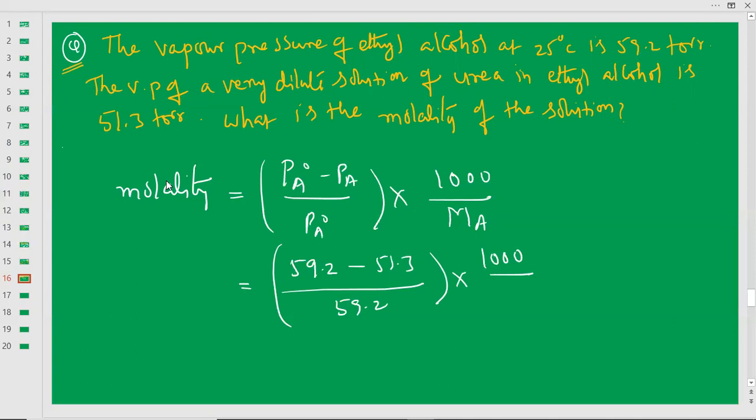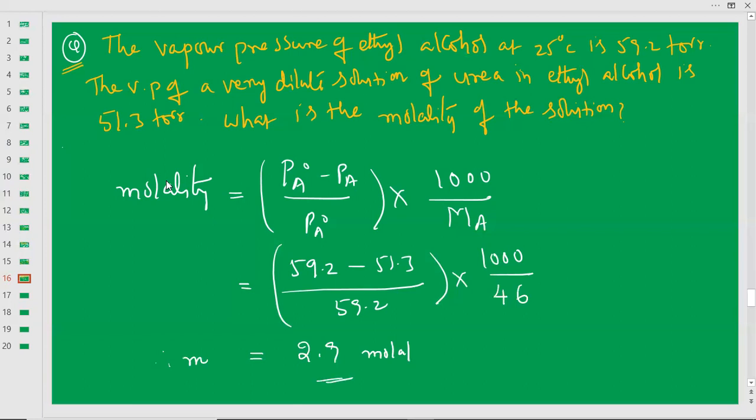Here the solvent is alcohol. Ethyl alcohol's molecular weight is 46. If you substitute this, you'll get the molality. Upon simplification, I got 2.9 molal as the answer for this question.